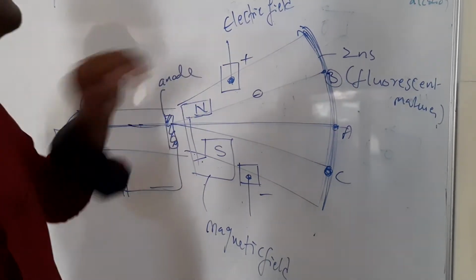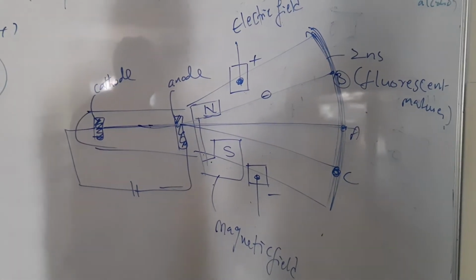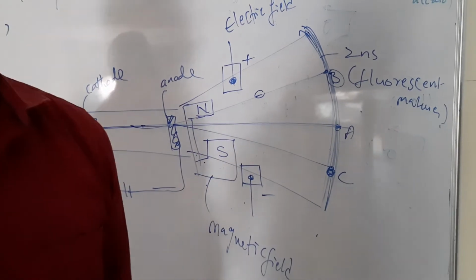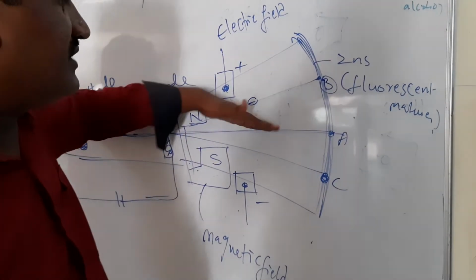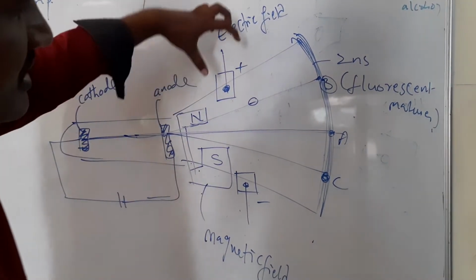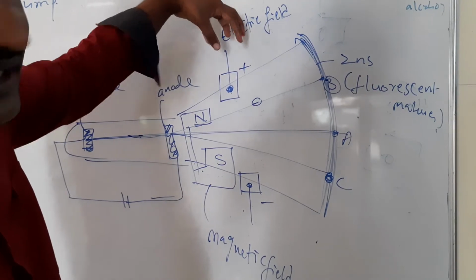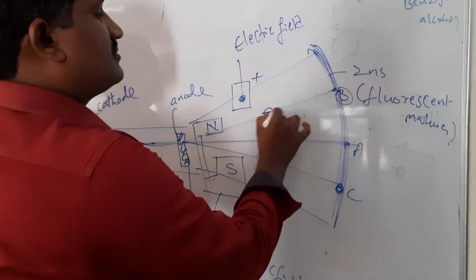Based on these observations, Thomson explained that electrons are negatively charged particles. The extent of deviation depends on the field strength of the electric and magnetic fields and on the charge magnitude.